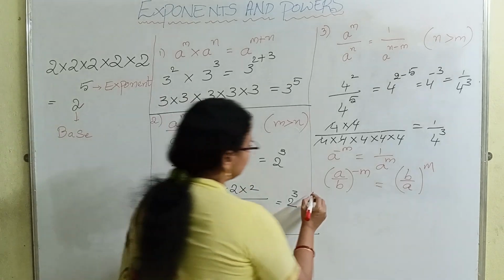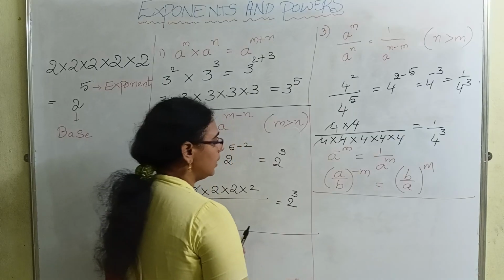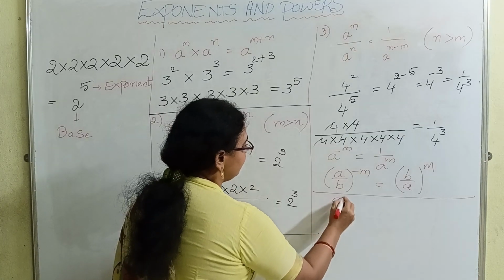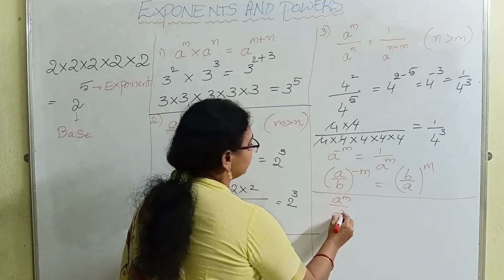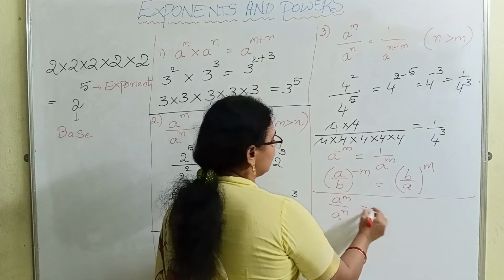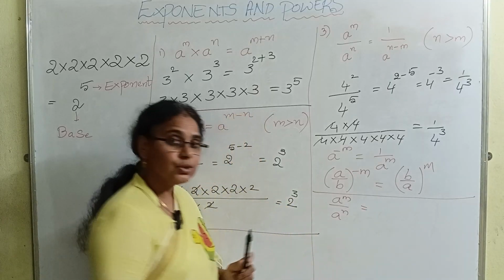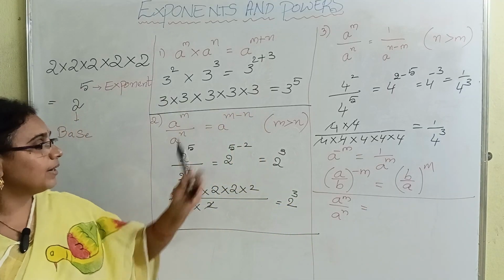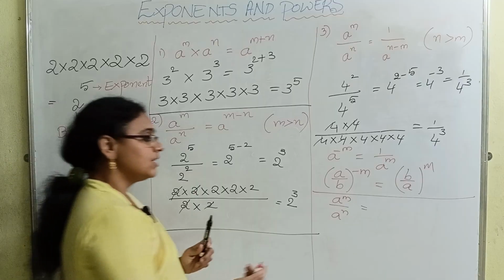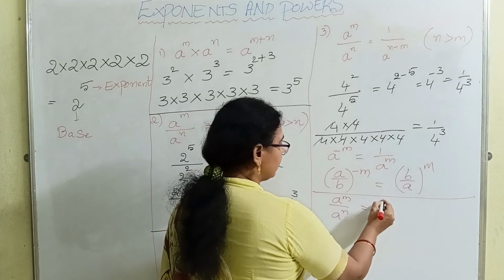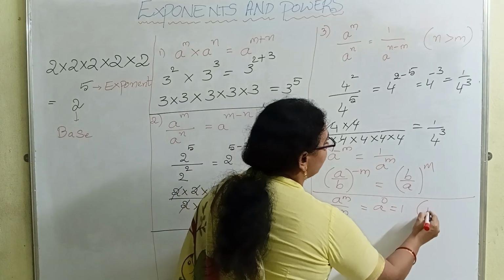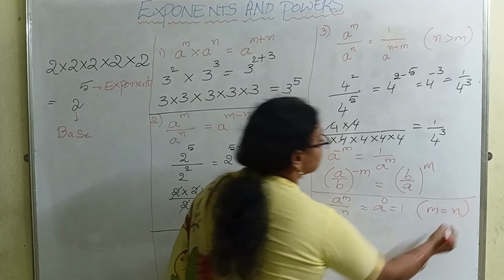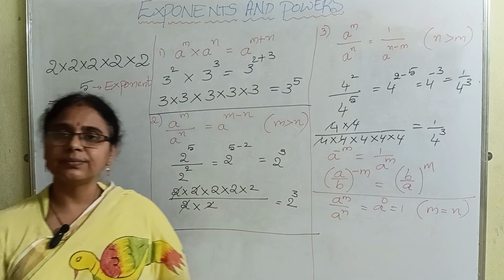Next we will go through one more formula: a power m by a power n is equal to a power m minus n. Here you will get a power 0, which is 1. What is the condition? m is equal to n.